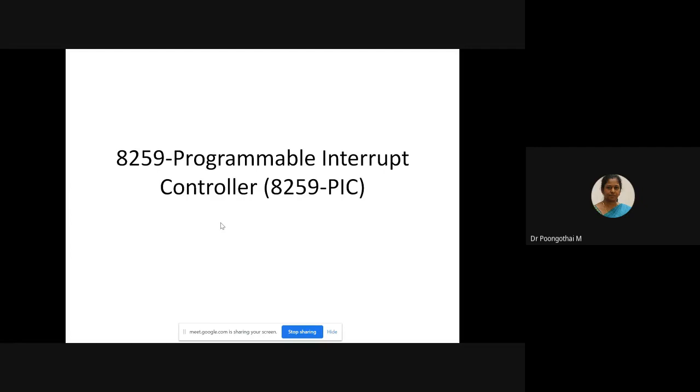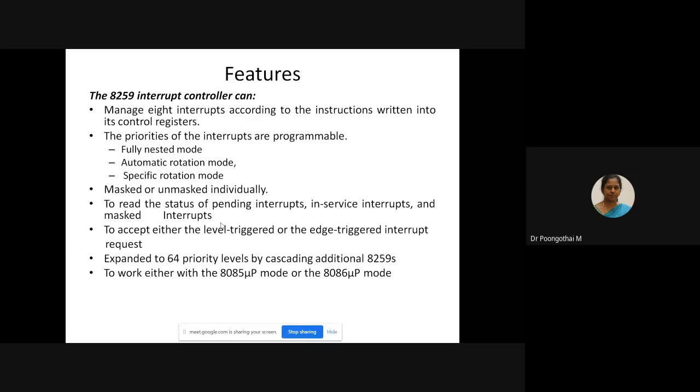So when we interface this IC with your 8085 and 8086 processor, your processor interrupt capability can be improved. At a time it can accept 8 interrupt requests, and 8259 can be used in cascaded mode to expand the interrupt inputs up to 64. So mainly 8255 is for expanding your port capability and 8259 is for expanding your interrupt capability.